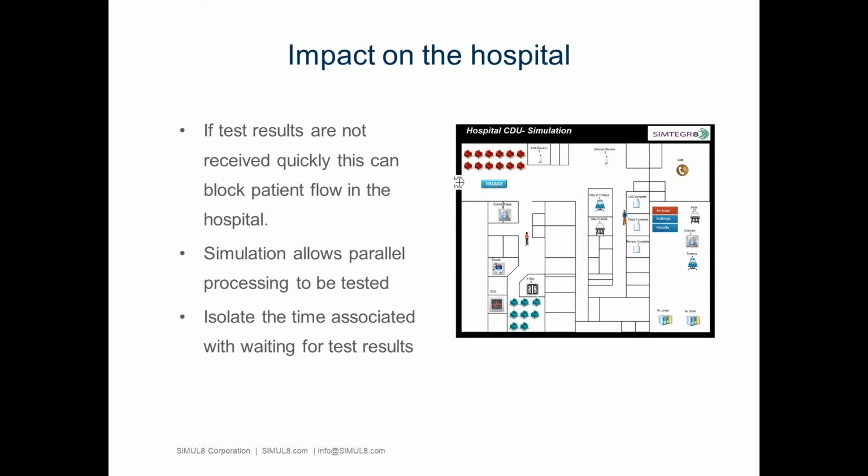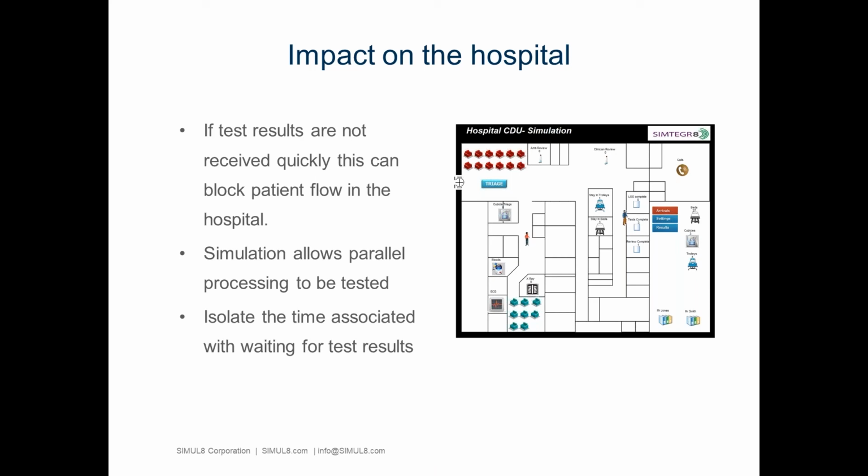Some of the results from that were reducing staff travel time in the sort station by looking at the typical paths that staff walk through, and that was a 37% reduction. It helps determine the right staffing level as well, when you can look at how many staff are needed to operate the machines and also how much time is spent moving around the lab. You can really get a lot of good detail about the right staffing levels at different times of the day.